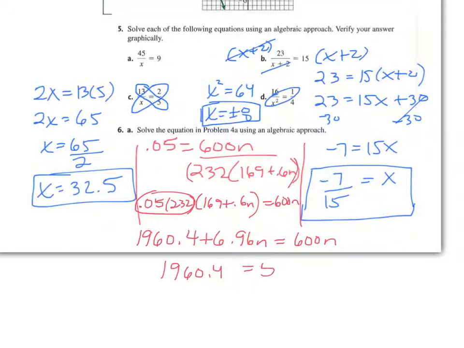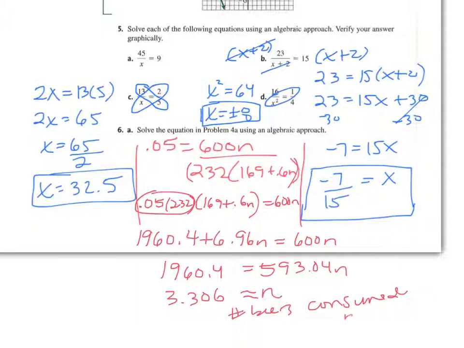And so I have 593.04n. Divide out that 593.04, and I end up getting n is about 3.306, which rounds to 3.31, which is exactly what we got when we did it graphically. So this is the number of beers that this person consumed to have that blood alcohol number of 0.05.